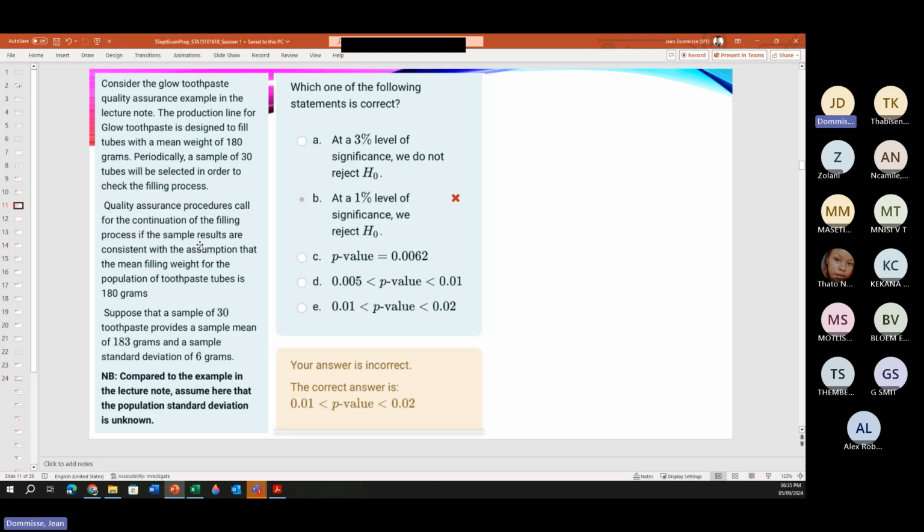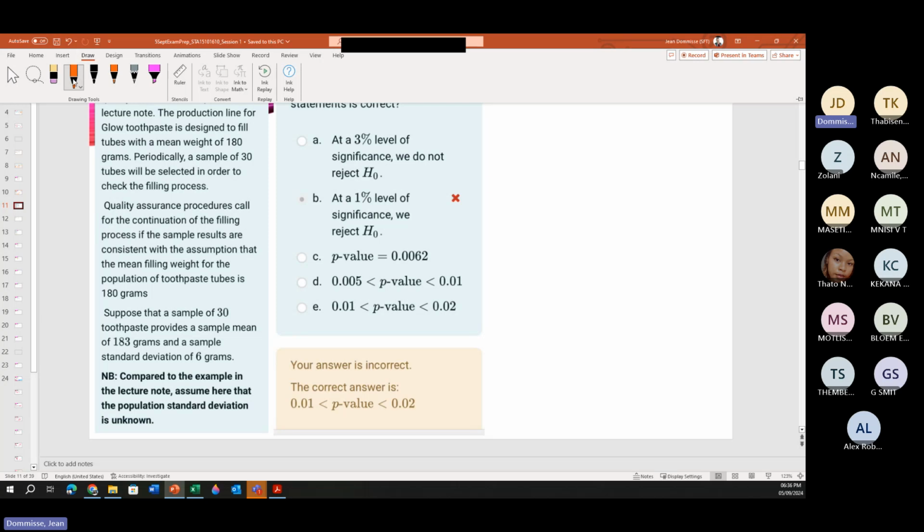Okay, so this was also from one of your previous assignments. So let's look at it. Let's see what is in here. And let's just quickly see how to look at this one as well.